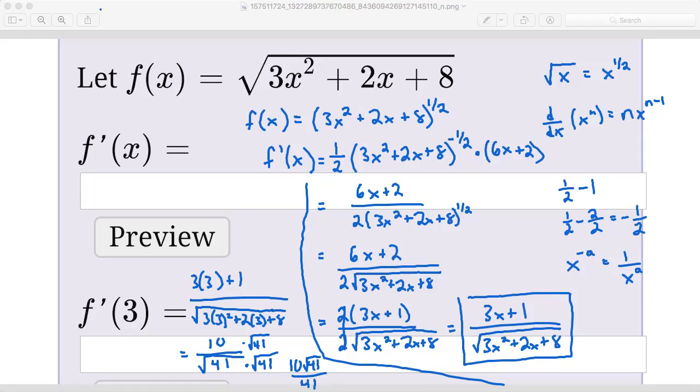So that would be our f prime of 3, or if we find what that is in a decimal, it would just be 10 times the square root of 41 divided by 41, which is approximately equal to 1.56. So depends on if you want to leave it in an exact answer or round it to a decimal.